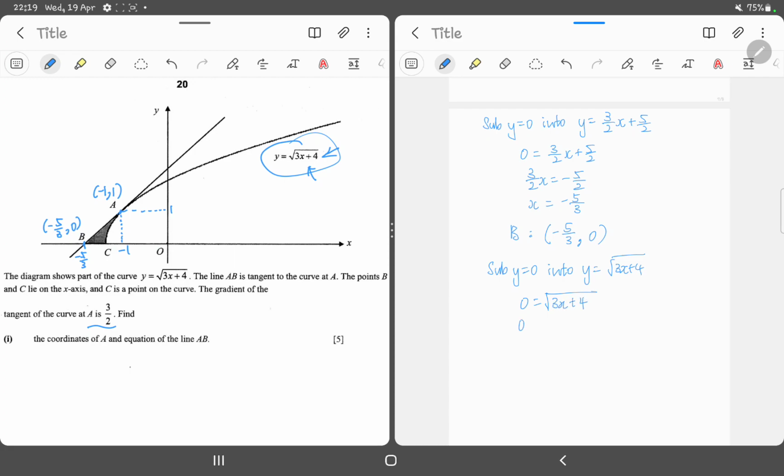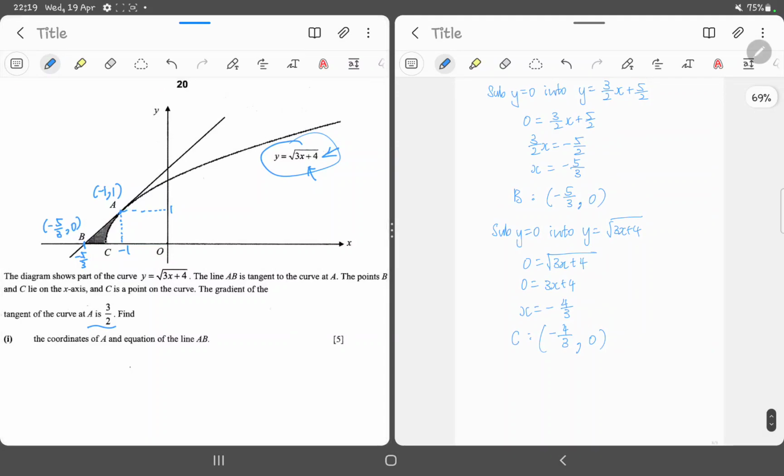Squaring both sides, we get 0 equals 3x plus 4, which means that x equals minus 4 over 3. So the coordinates of point C are (minus 4/3, 0).